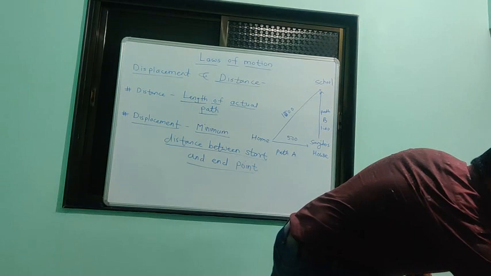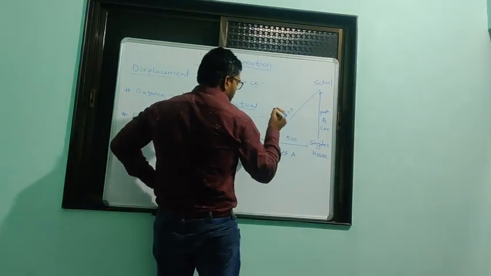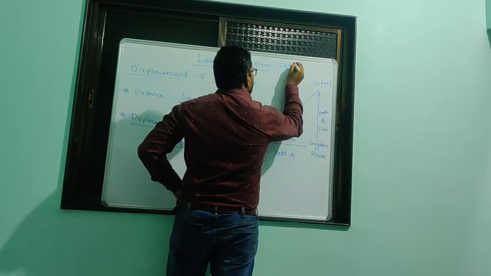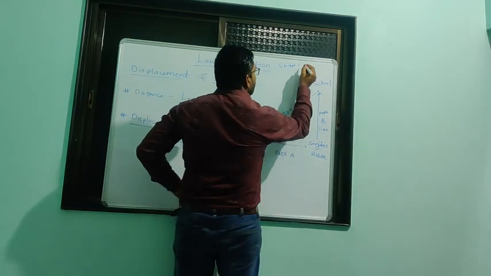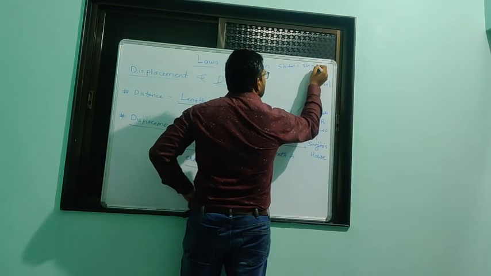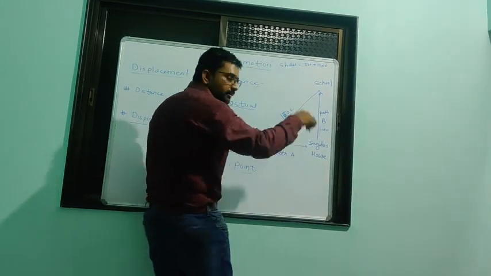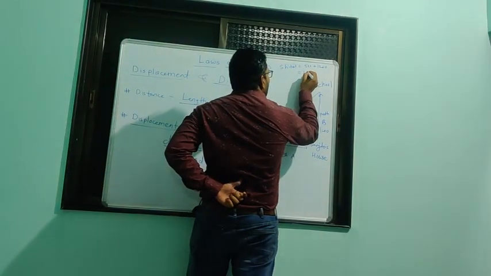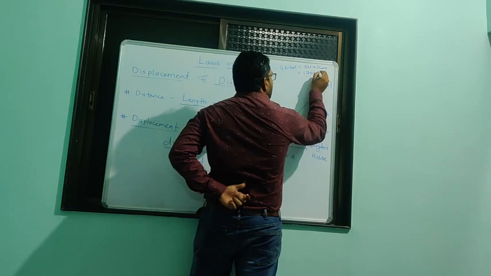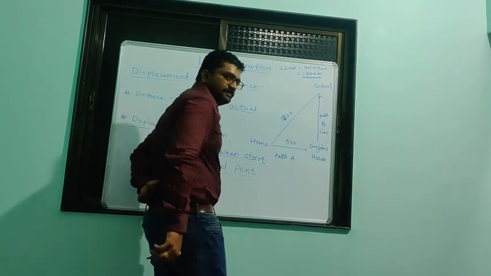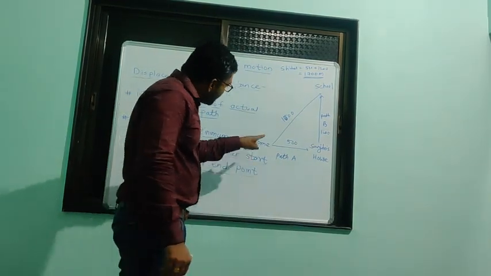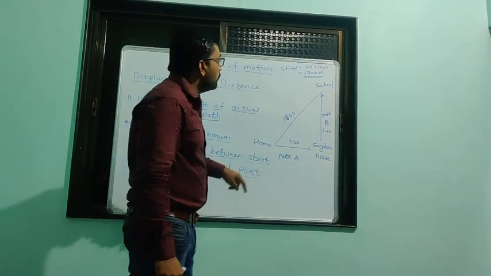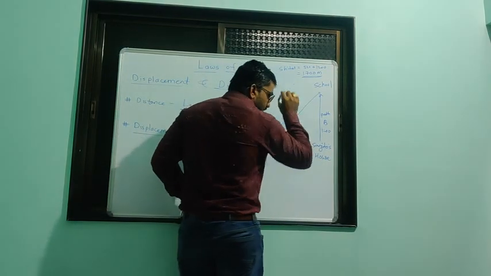Sheetal has travelled a total distance of 500 meters plus 1200 meters, which means 1700 meters.